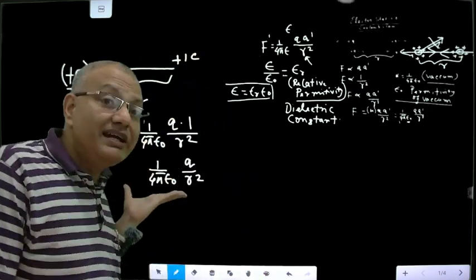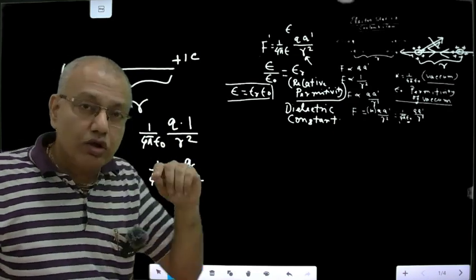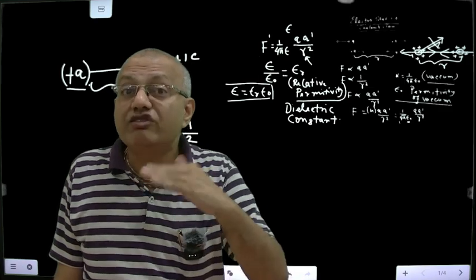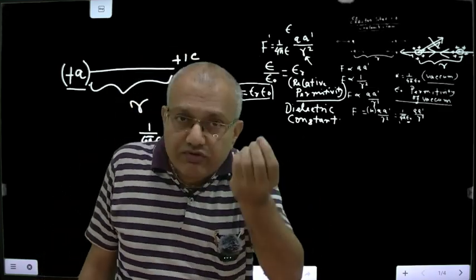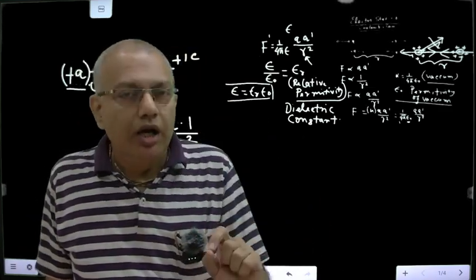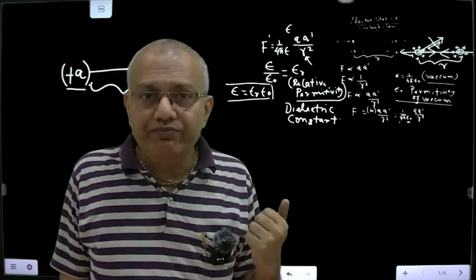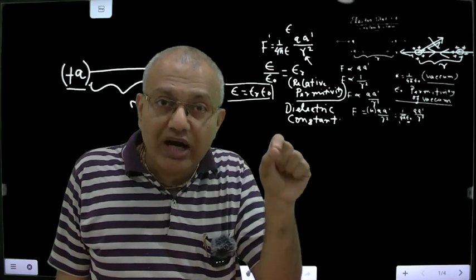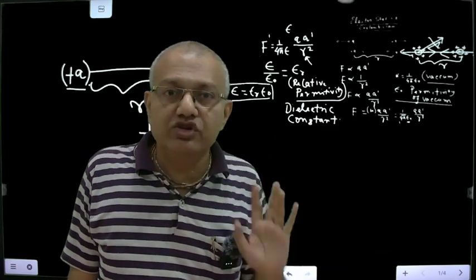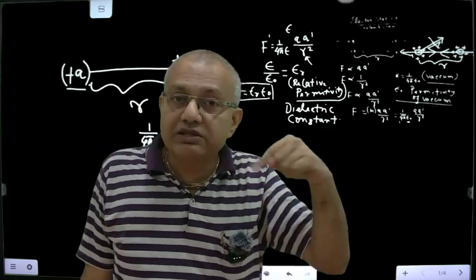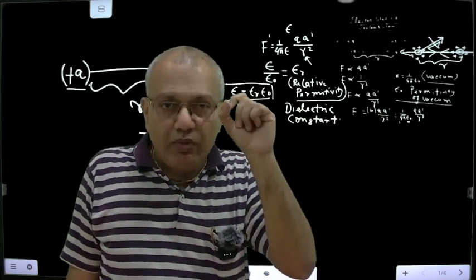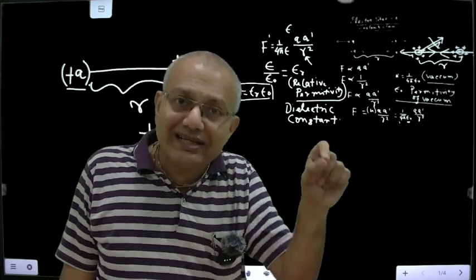This is the electric field intensity. What is its definition? It is the force experienced by a unit positive charge, a 1 coulomb charge, at a certain position.